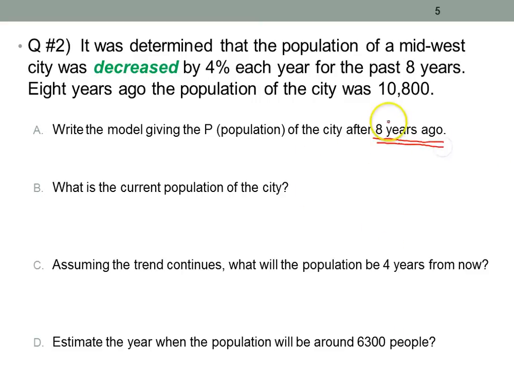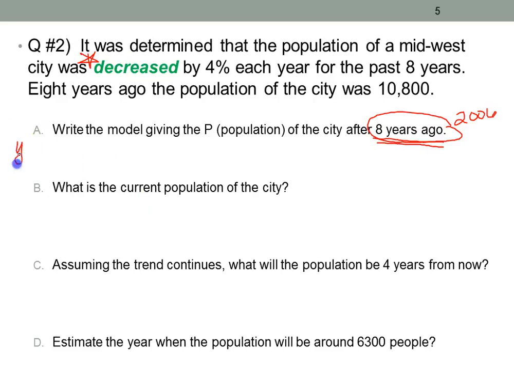The first thing I would do is understand what this means. If it is 2014, 8 years ago was when? 2006. 2014 minus 8 means 2006. So that is our date for this equation. So we're writing our equation. Keyword again up here in green, decreased.